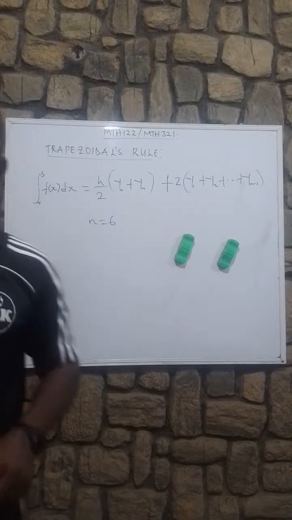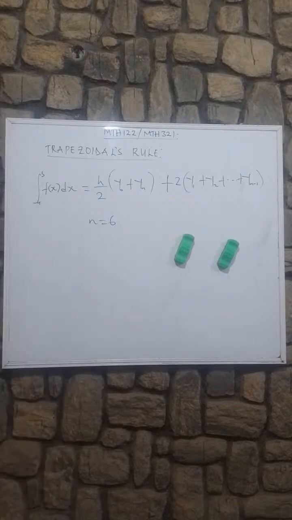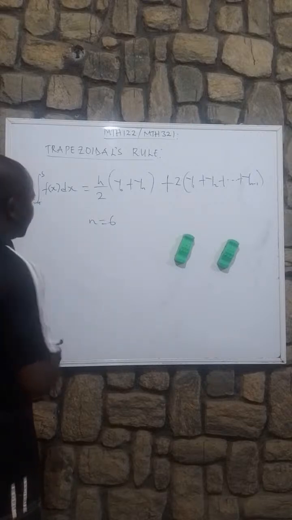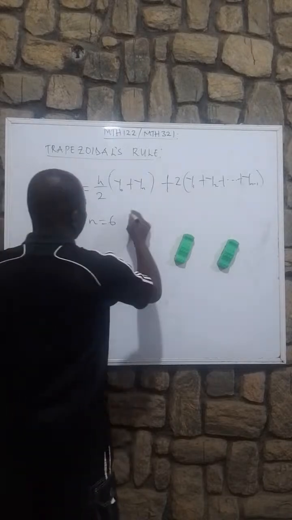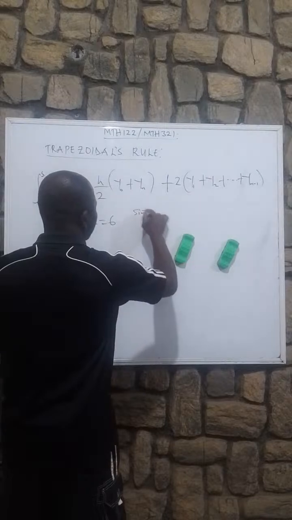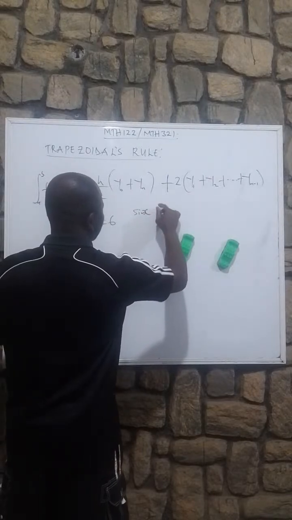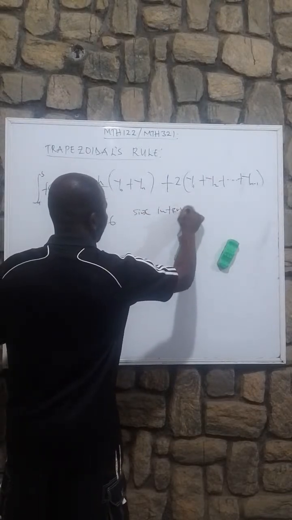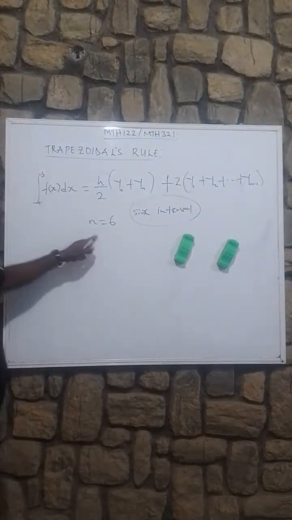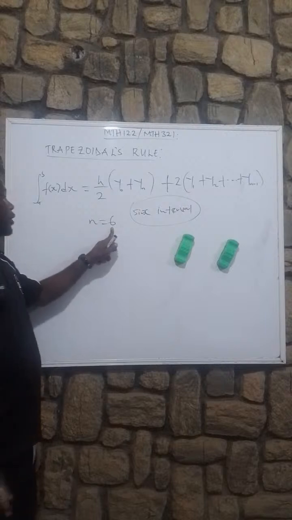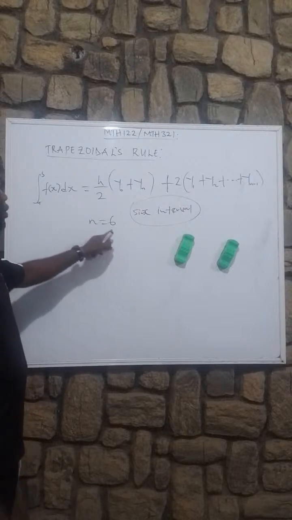I just want to tell you how you can make use of the formula and know it very well. If it is 6 intervals, you have to use 6 intervals. It means, in the question, we are talking about n equal to 6.